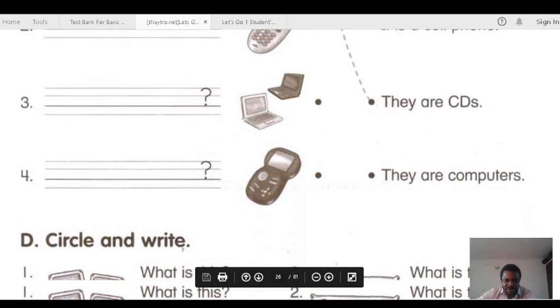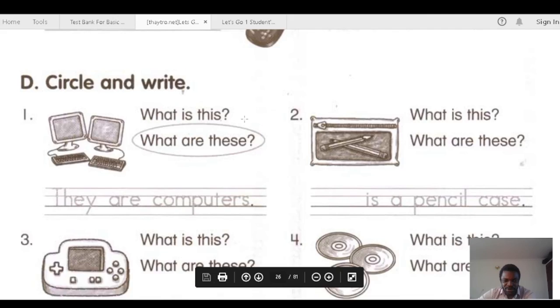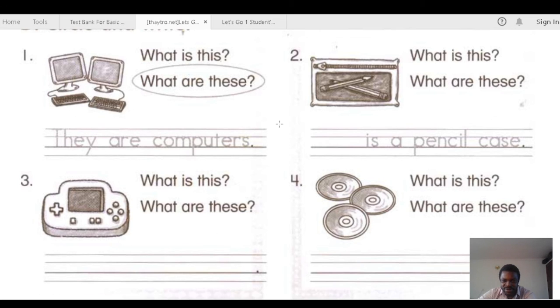I've explained this again and again, but I'm not going to stop because that is the reason for being here. They are computers. You see our computer, we added S to the computer because of what? Are. That's why we use they. When there are more than one, we use they. It is a computer, but because there are more than one computer, we use they are computers.